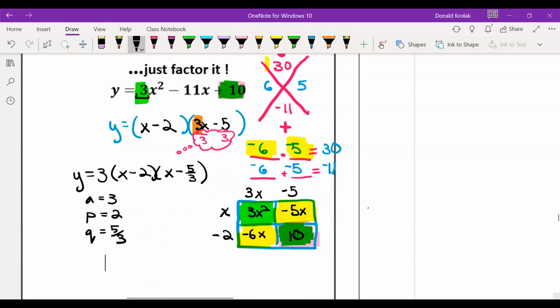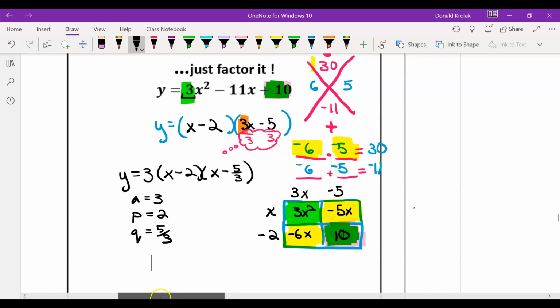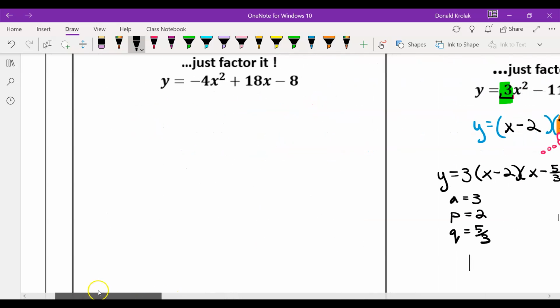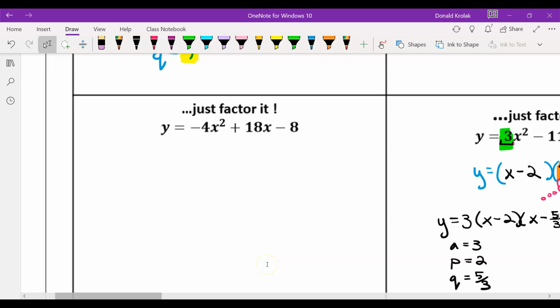And now the other two, they have GCFs at the beginning. So this one has a GCF. Get rid of that first. You pull it out, you don't get rid of it. You just divide everything by the GCF.